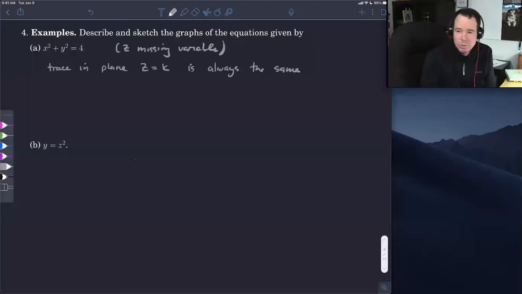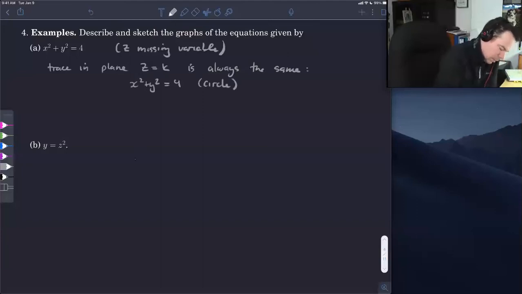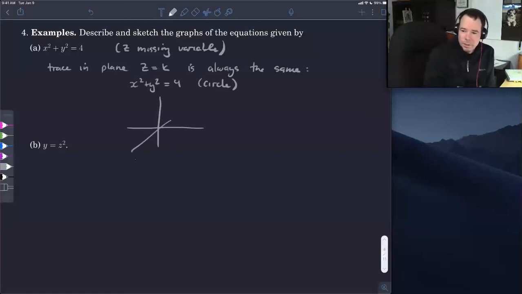Because when I plug z equals k in, well, z's missing, so I'm not changing anything. It's always the same. It's always x squared plus y squared equals 4, which is a circle. So when I go and sketch the graph, I think, well, for any trace in a plane z equals k, so for any horizontal slice, it's always a circle. So we always have a shape that looks like this, all the way down. It's always circles all the way down and all the way up.